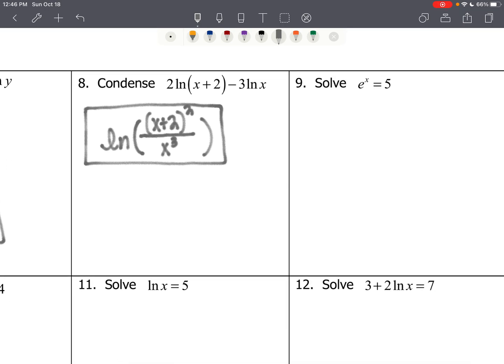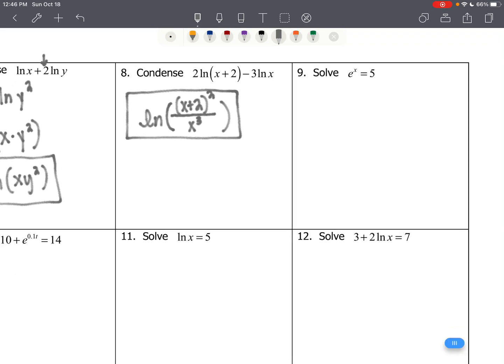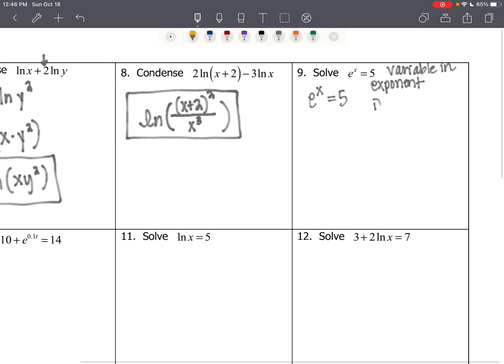And now we're ready to solve. So let's solve a few of these. We want to solve e to the x equals 5. When your exponent has the variable, so when that variable is in the exponent, you're going to want to write in log form.